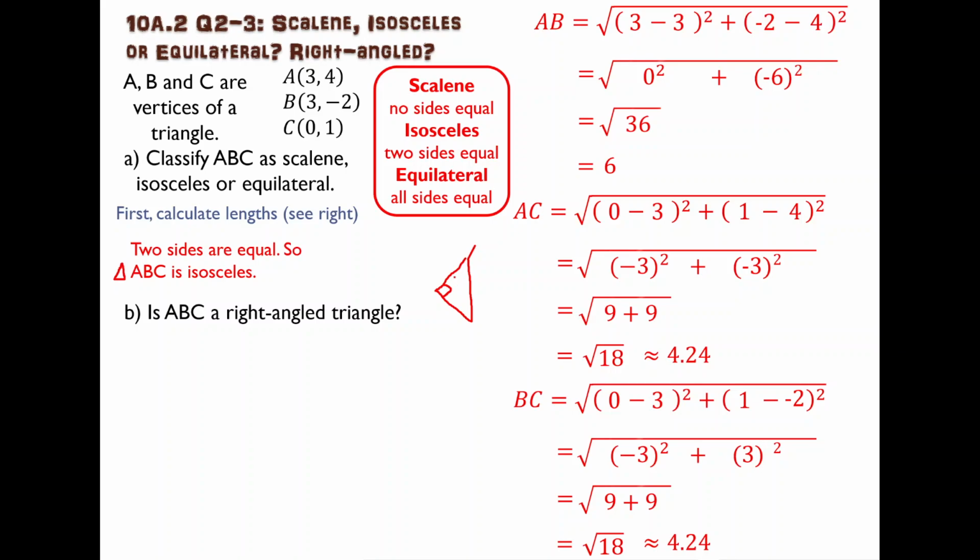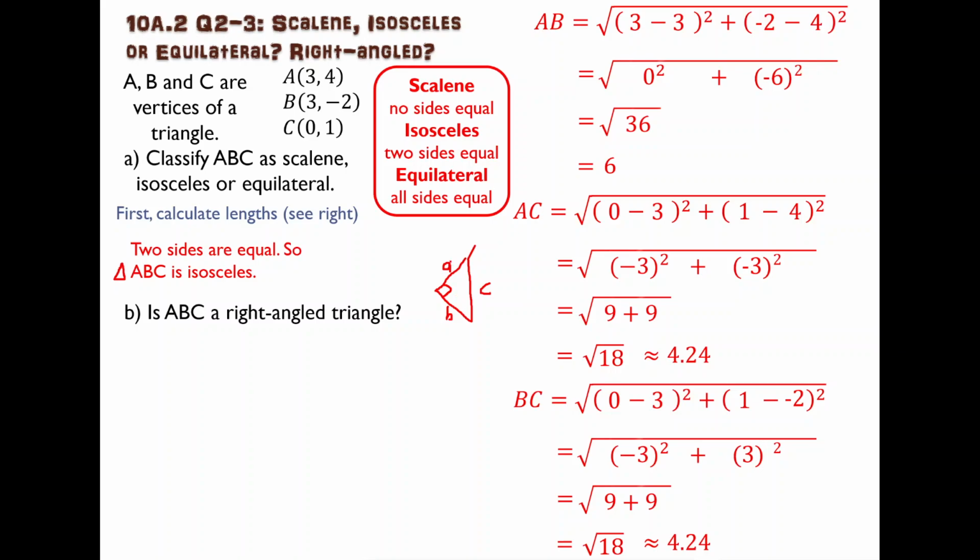If we have a right-angled triangle and it's got sides that are A, B, and a hypotenuse C, then C squared is the same as A squared plus B squared. That comes from Pythagoras. If you're not comfortable with that, go back to my Pythagoras videos.